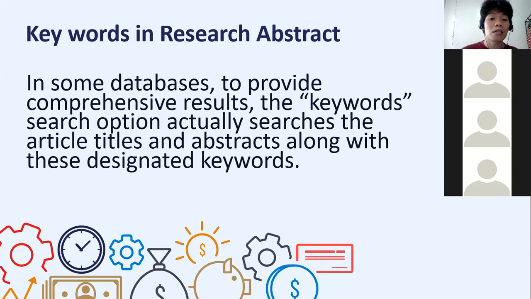Then in some databases, to provide comprehensive results, the keyword search option actually searches the article titles and abstracts along with these designated keywords. So in the internet, we have what we call a search engine. For example, Google, Yahoo, Bing.